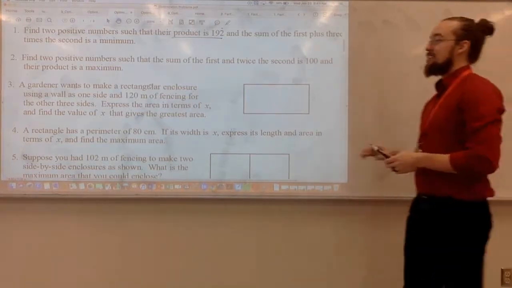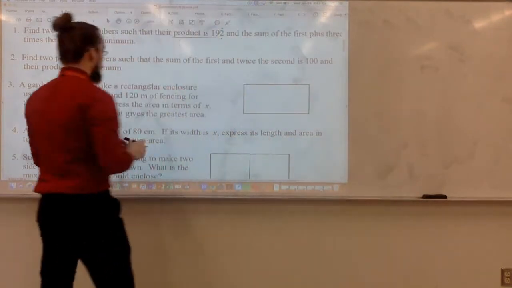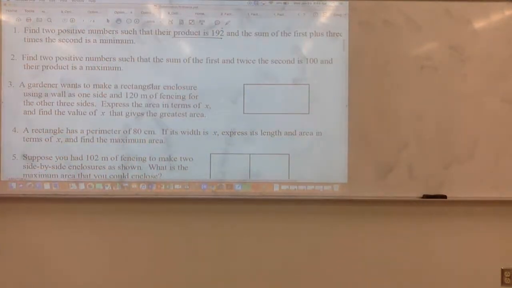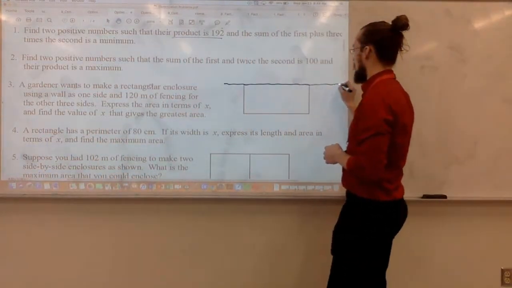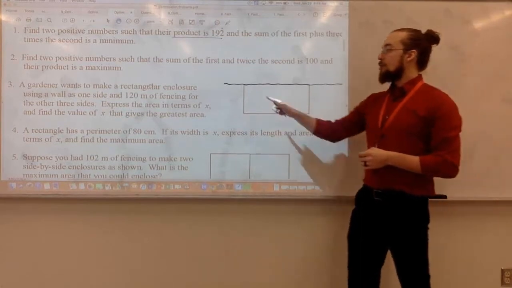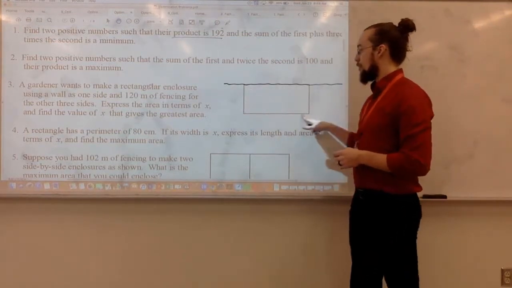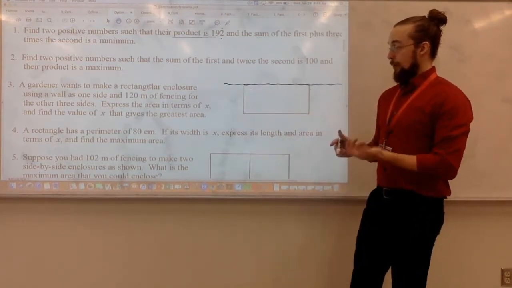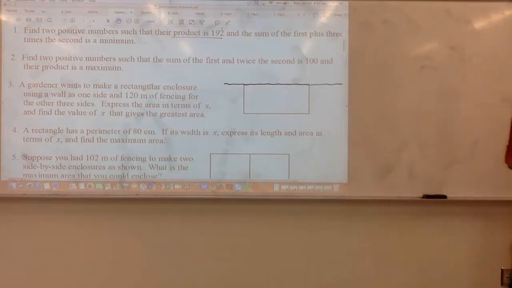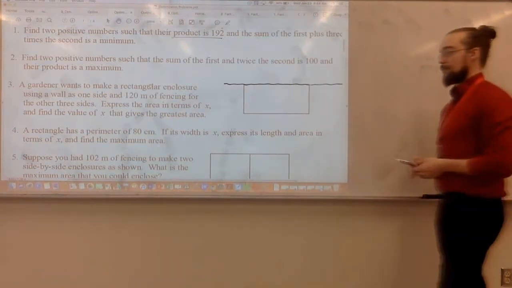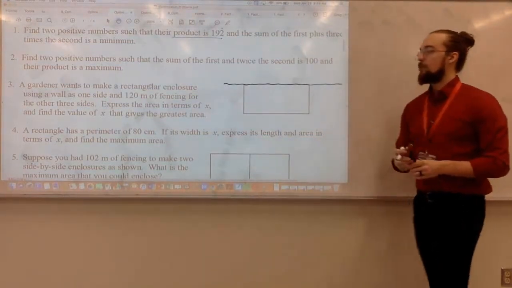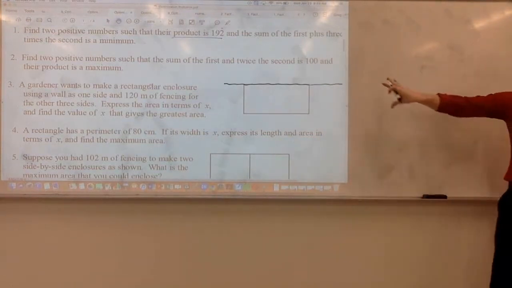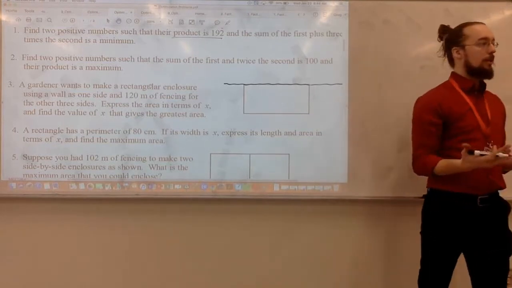Okay. So on this one, we are making a rectangular enclosure using a wall as one side. We can say this is the wall, and 120 meters of fencing for the other 3 sides. We want to express the area in terms of x and find the value of x that gives the greatest area. That last sentence may have been a little confusing, but this is exactly like the example we did in class.